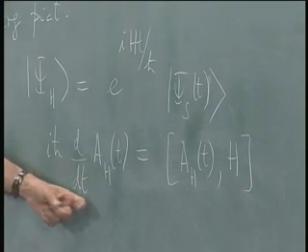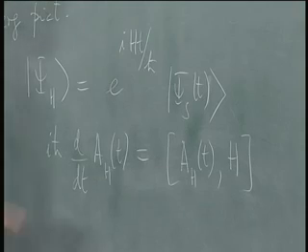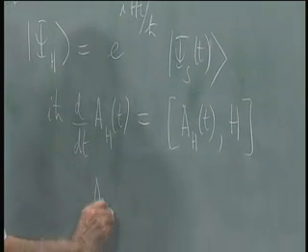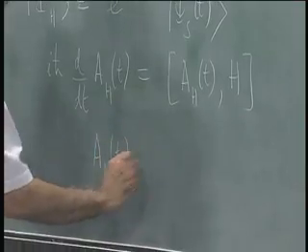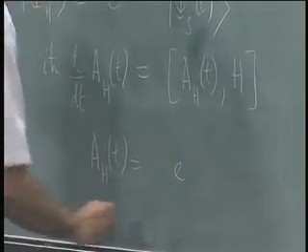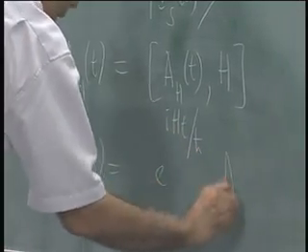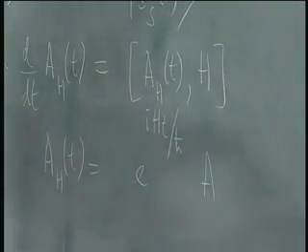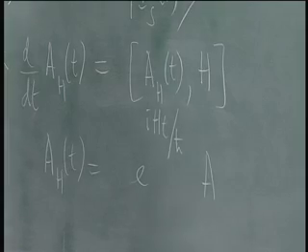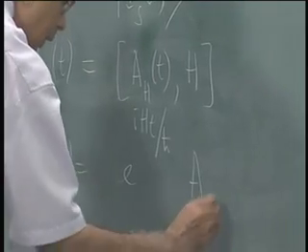And the solution to this, again in the simple case of time independent H, was simply A H of t equal to e to the power i H t over h cross A Heisenberg at 0, which we said is the same as the Schrodinger operator, A S.